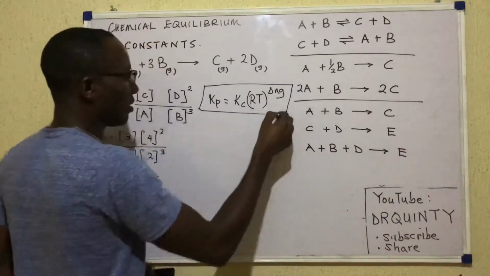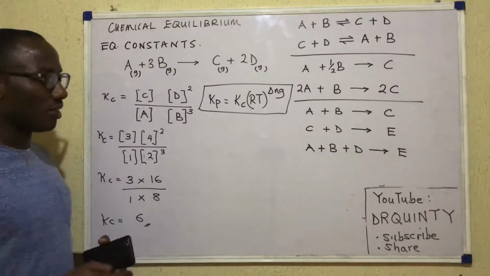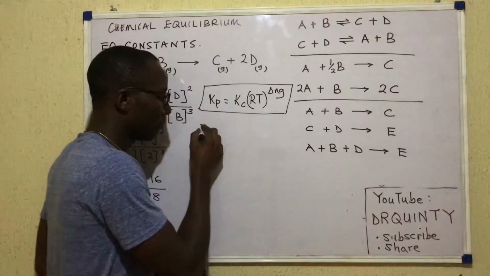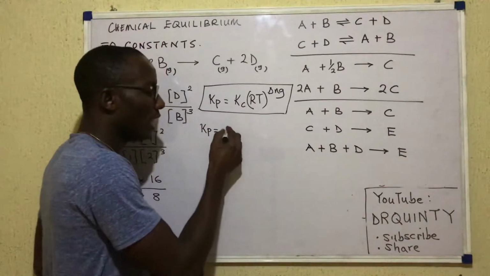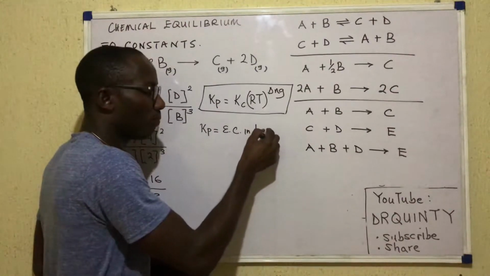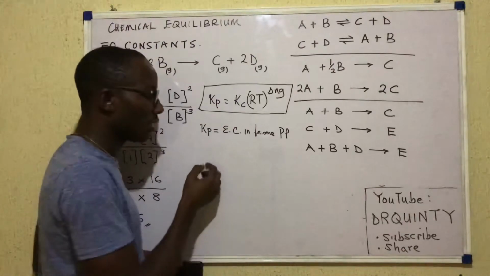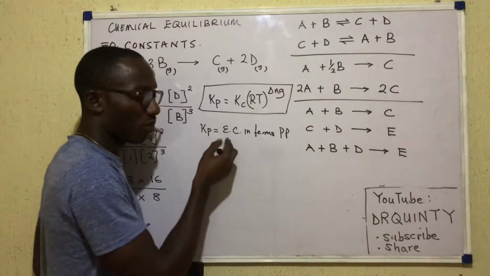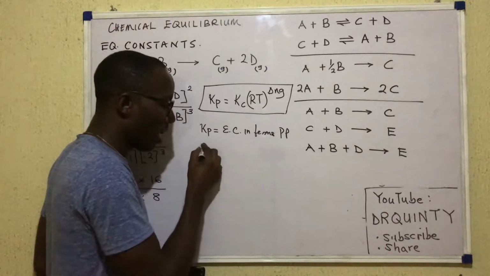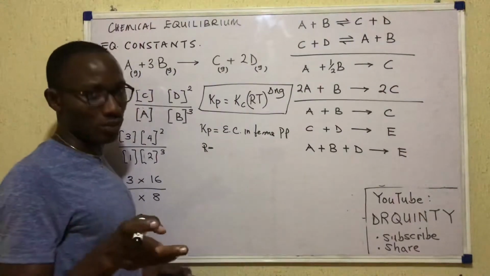Now Kp stands for equilibrium constant in terms of partial pressure. Alright, sorry, I don't have enough space for that. Then Kc, of course, is equilibrium constant in terms of concentration. But more importantly, R. R is the gas constant. Now, this is where you'd need to listen.